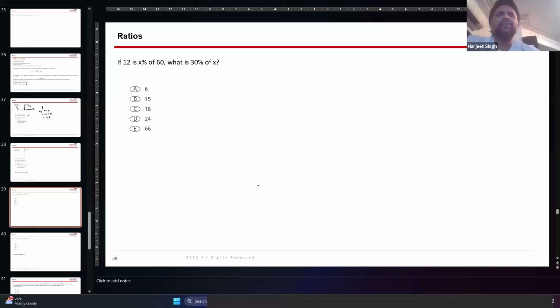Twelve is X percentage of 60. So what is 30% of X? So they'll try to confuse you with some language, but we need to stick to our basics. So 12 is equal to X percentage of 60. Of means multiply, is means equal to.